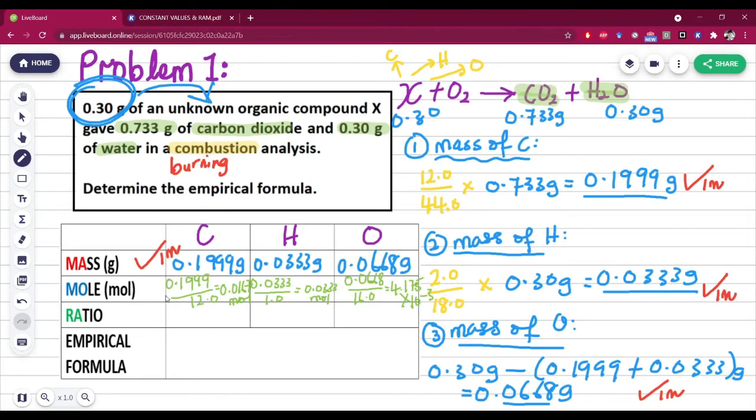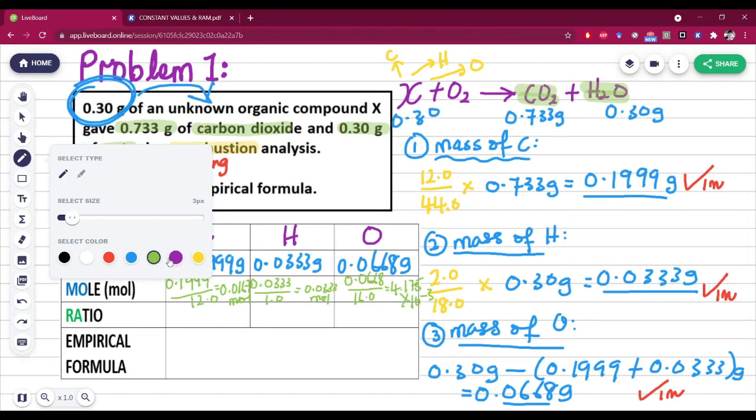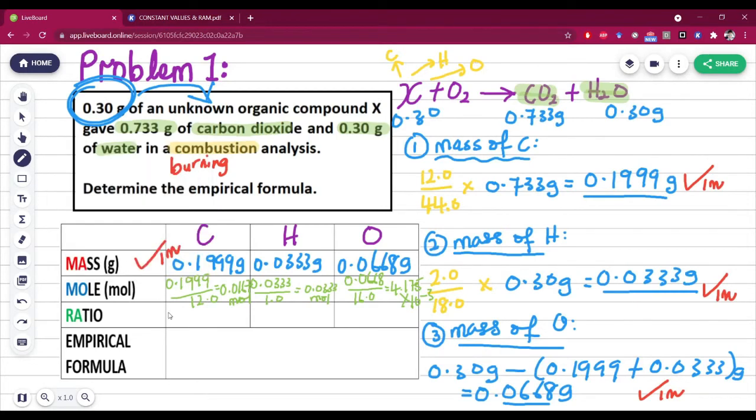So the ratio would be, let me use a different color now. So you have 0.0167 divided by 4.175 times 10 to the power of -3.